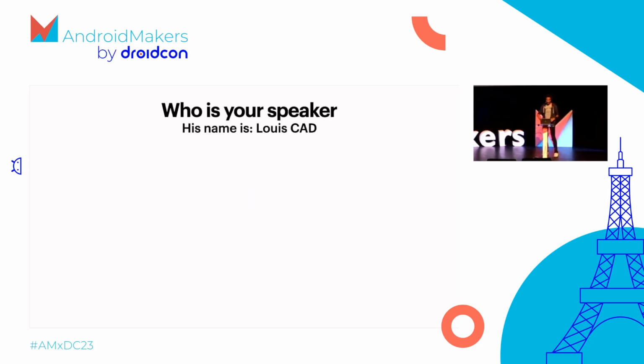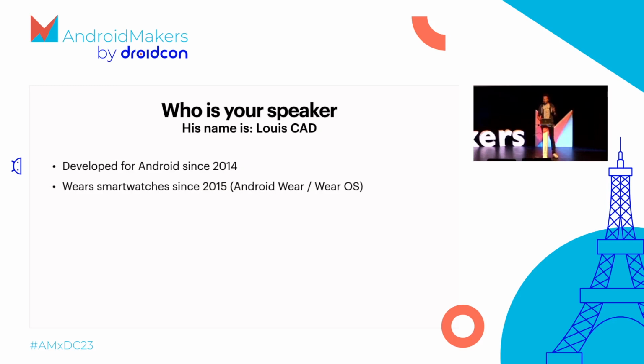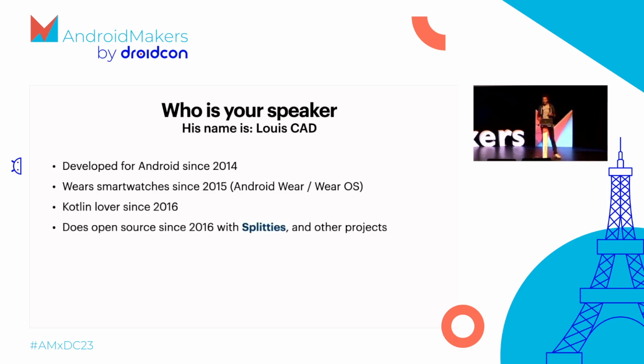Okay. So first, shortly, who I am. I've been developing for Android since 2014. I've been using smartwatches since 2015. And I still am, but usually I have only one. It's just because it's Android makers times droidcon, of course. I've loved Kotlin since 2016, and I do open source software, especially with one project that I named Splitties since 2016, and also a few other projects.